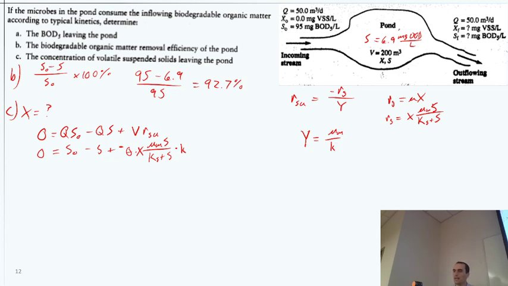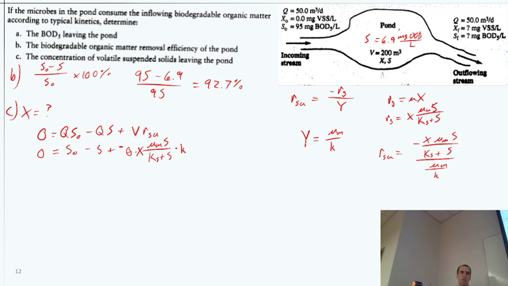So if we take the RG here, take it negative, so RSU is going to be negative the RG, so negative x mu max s divided by ks plus s, all that divided by y, which is mu max divided by lowercase k.